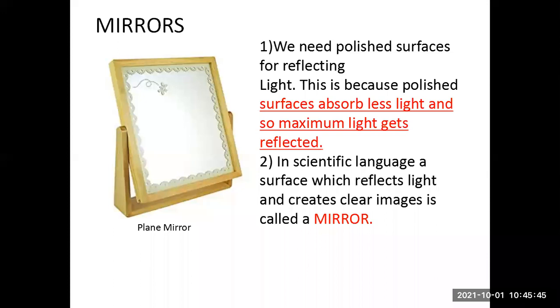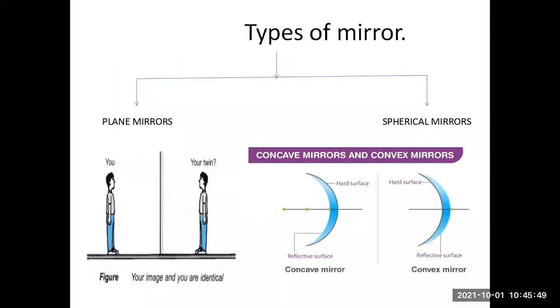These are the mirrors which we use in our home daily. This is the types of mirrors. By seeing these diagrams, you can identify the two basic types of mirrors: plane mirrors and spherical mirrors. The plane mirror is the mirror which you use inside your home, which we use daily to see our face.